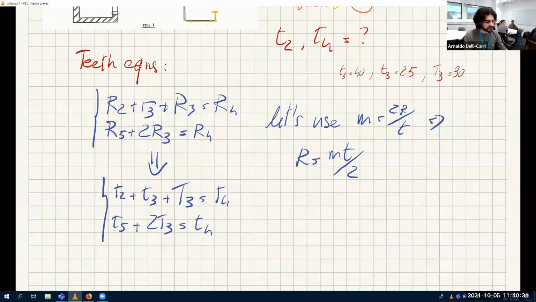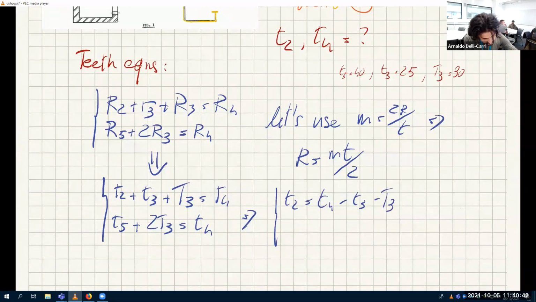And so that means that T2 is T4 minus small t3 minus capital T3. T4 I don't have, so let's find T4 from equation 2 first. T4 here is T5 plus 2 capital T3, which is 40 plus twice 30, which is 60, so 100 teeth.